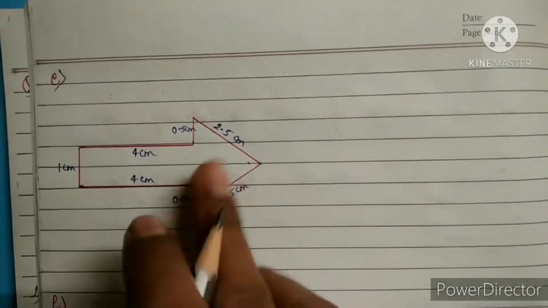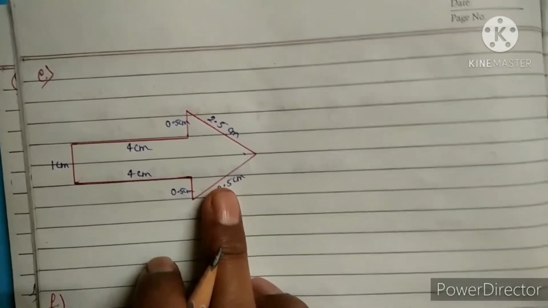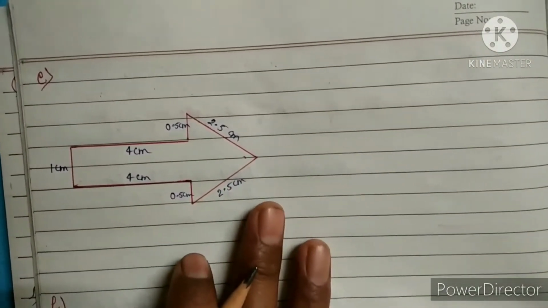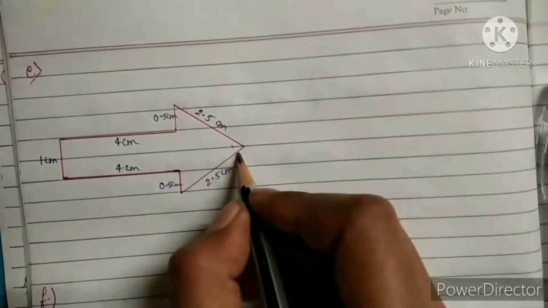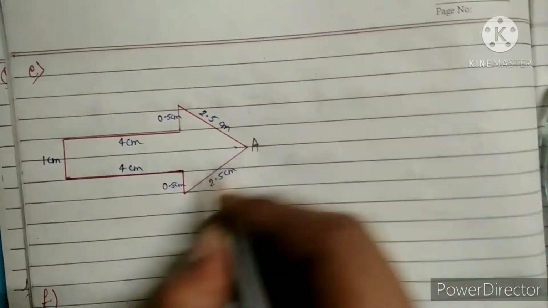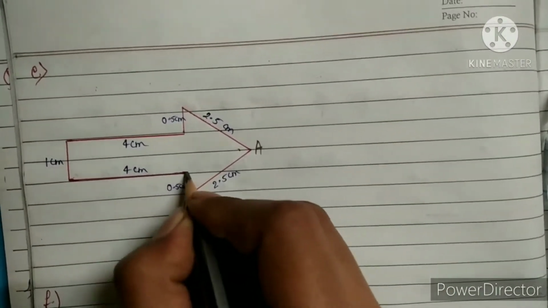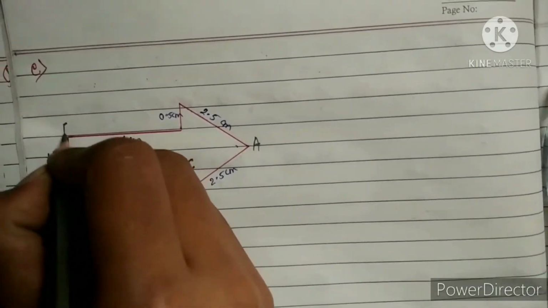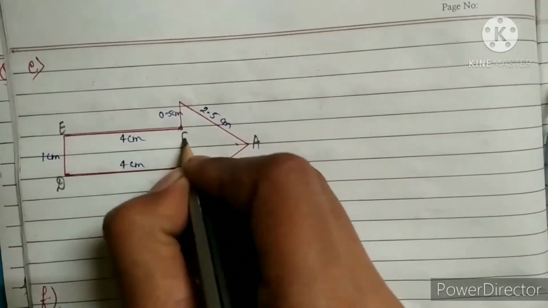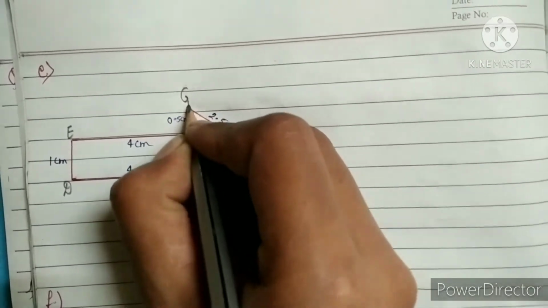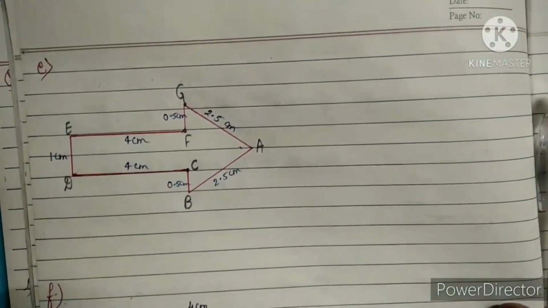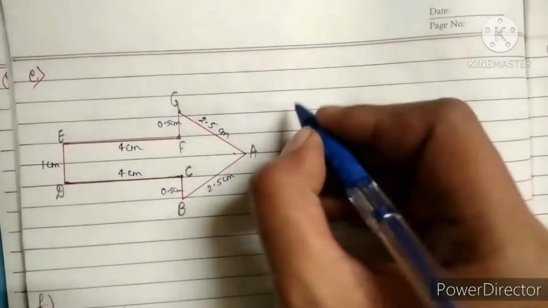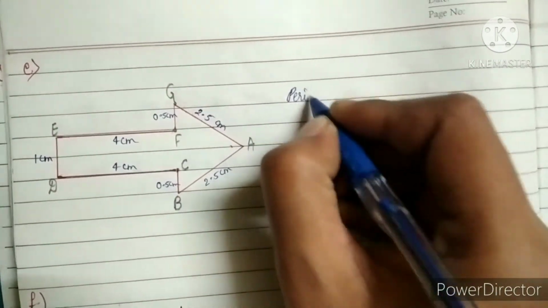E is an arrow shaped figure. So again we have to start putting the corner names. I am starting from here, A, B, this is also a corner, C, D, E, F and G. Okay, now we have to get the perimeter.